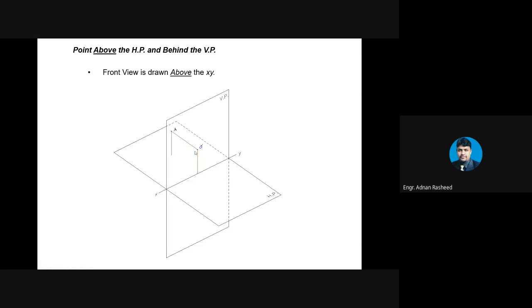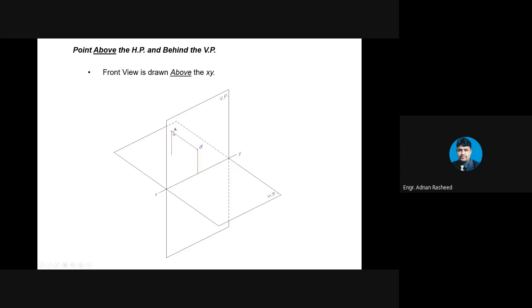Similarly, a point above the horizontal plane and behind the vertical plane. So this is the case. Now this point is behind the vertical plane and above the horizontal plane. So this is the second scenario.